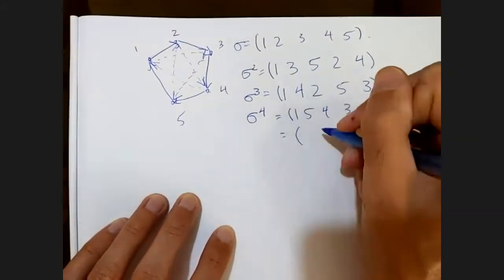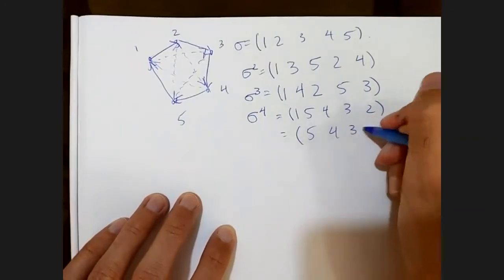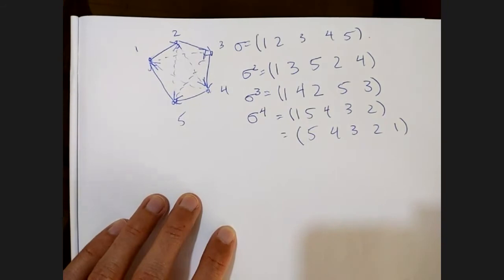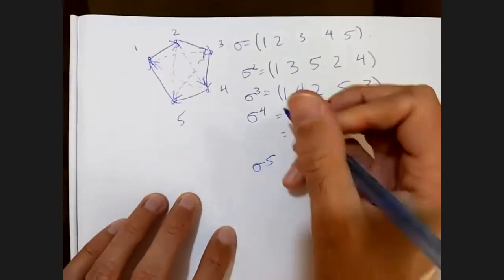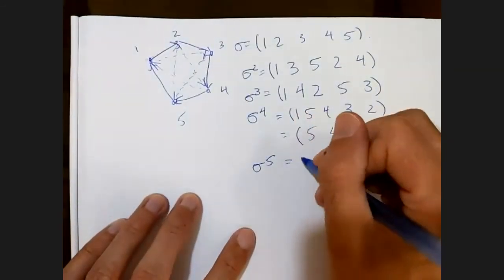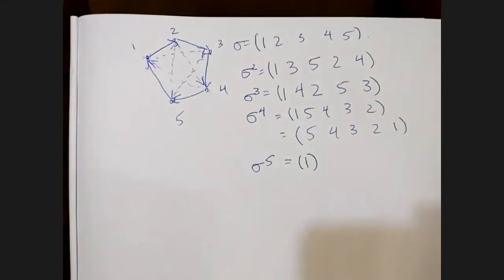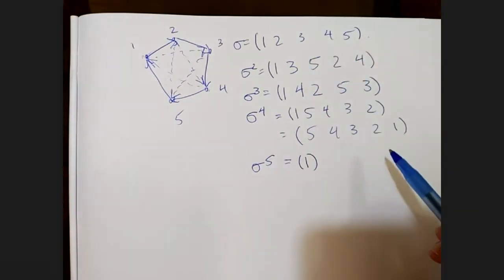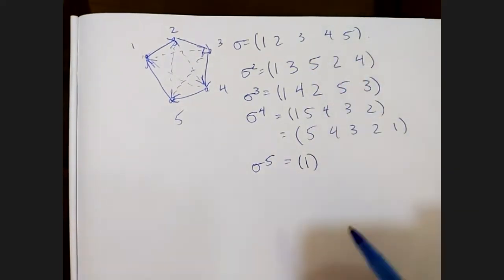Maybe it's better to write it as 5, 4, 3, 2, 1. Only when we do sigma to the 5th, traveling by 5 arrows is like traveling by no arrows, so sigma to the 5th is always 1. So you saw when we have a 5 cycle, the different powers of sigma are still 5 cycles. That doesn't always happen, but it happens here.